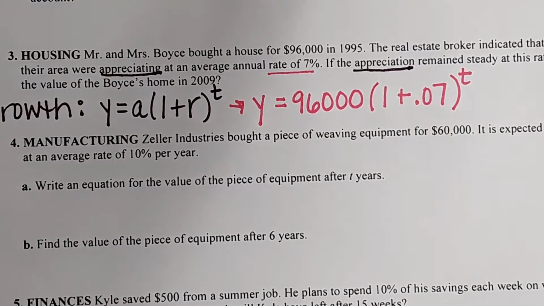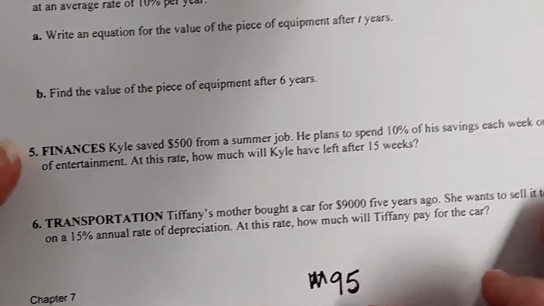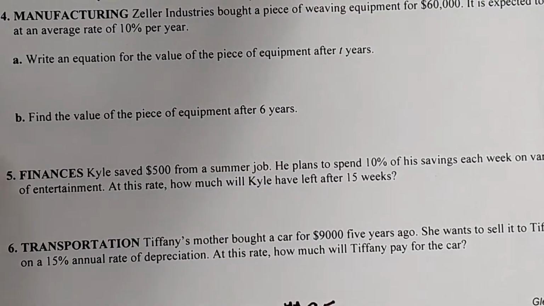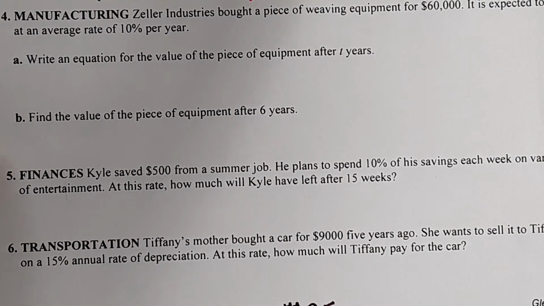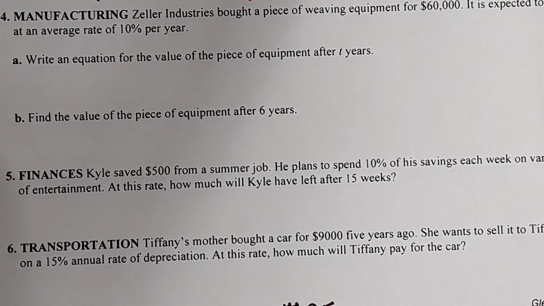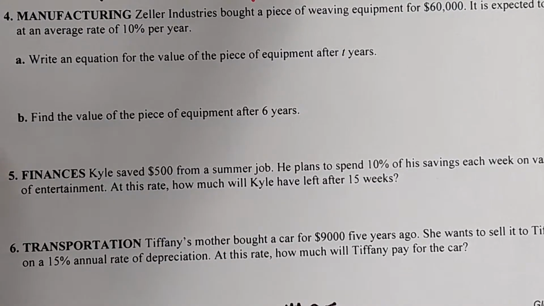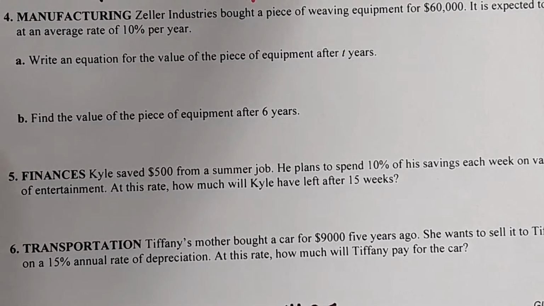Okay, you ready for number 4? Zeller Industries bought a piece of weaving equipment for $60,000. It is expected to depreciate at an average rate of 10% per year. Okay, so is it growth, decay, or compound interest?